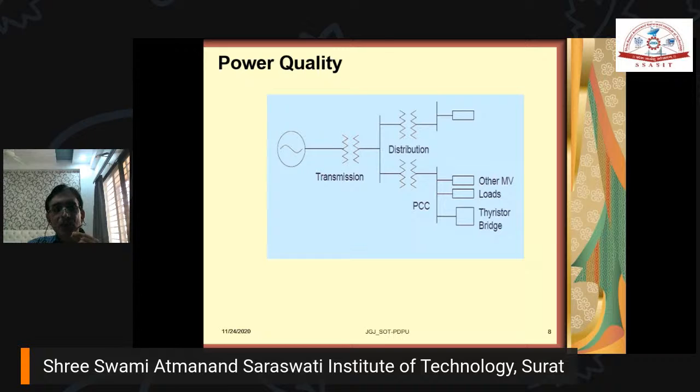We have defined disturbance and distortion, which are important terms related to power quality, and the third term is PCC, the point of common coupling: the closest electrical point to the end user premises, the joint from where we take the supply from the utility, and the metering point where the meters are placed by the utility.